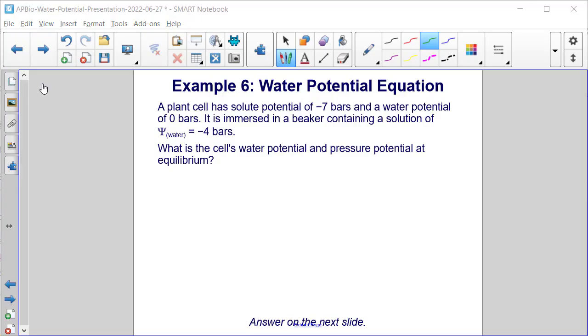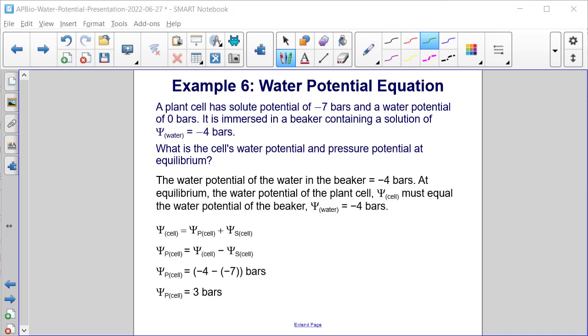Example 6, water potential equation. A plant cell has a solute potential of -7 bars and a water potential of 0 bars. It is immersed in a beaker containing a solution where the water potential is equal to -4 bars. What is the cell's water potential and pressure potential at equilibrium?